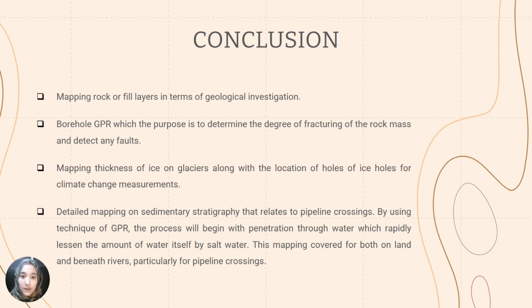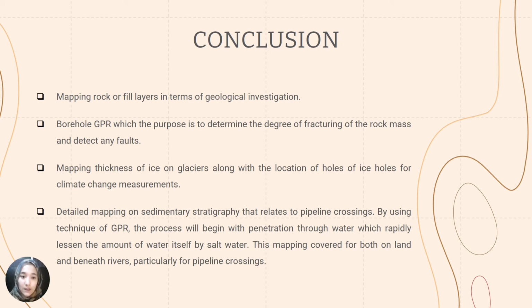The second one is borehole GPR, whose purpose is to determine the degree of fracturing of the roughness and development faults. The third application is mapping thickness of ice on glaciers along with the location of pools of ice for climate change measurements. And the last is detailed mapping on sedimentary stratigraphy that relates to pipeline crossing.